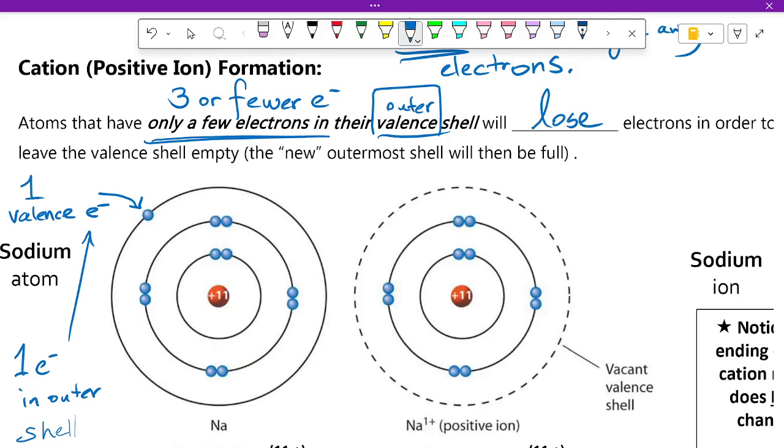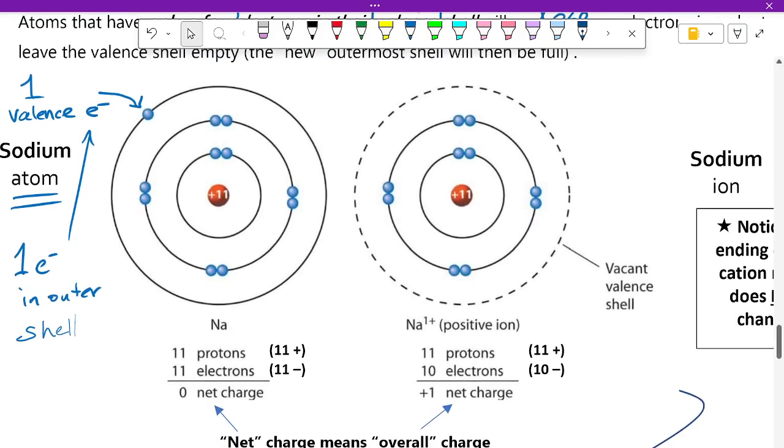That also means that a sodium atom has how many electrons? If it has 11 protons, an atom will have 11 electrons, because atoms are neutral. Zero net charge, zero overall charge.